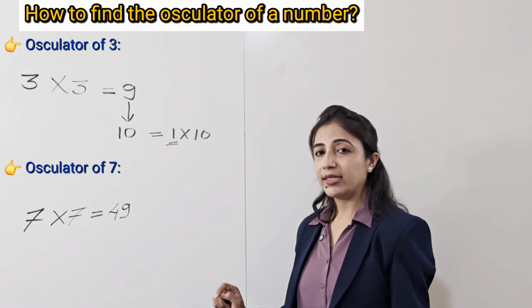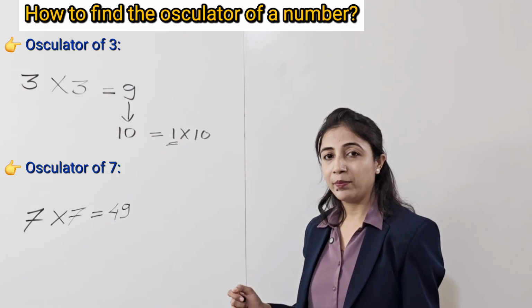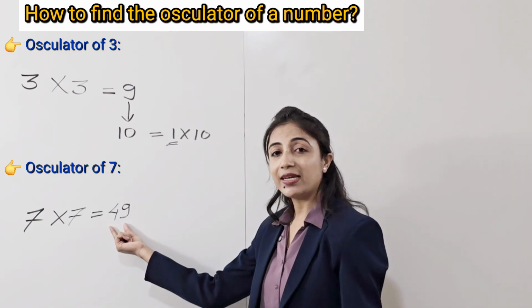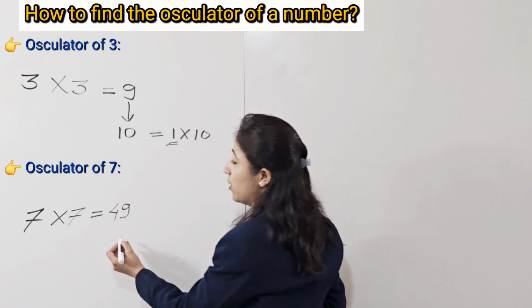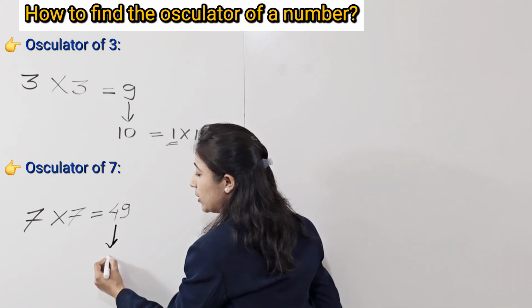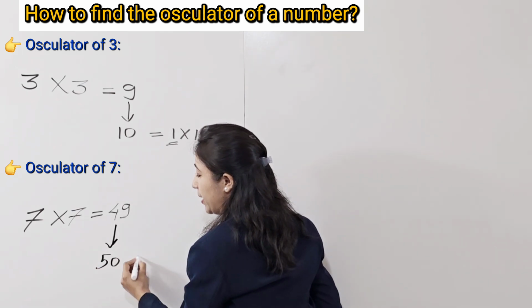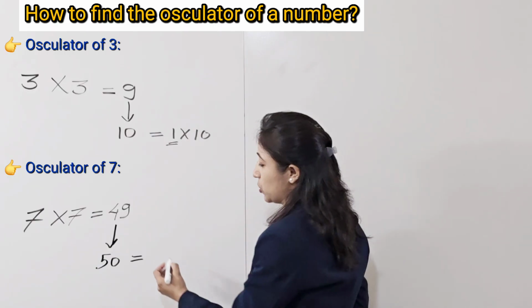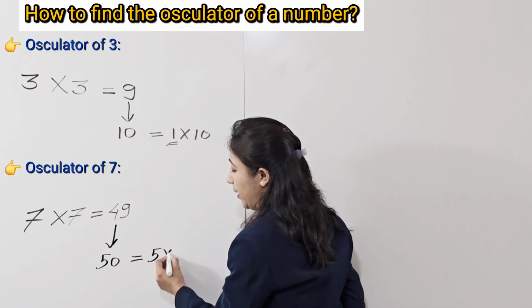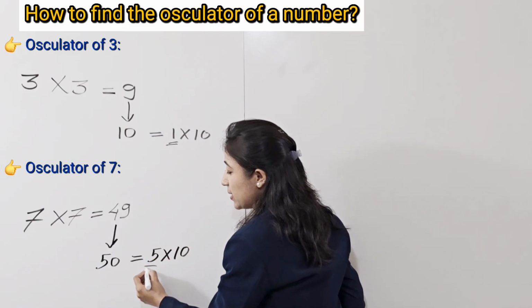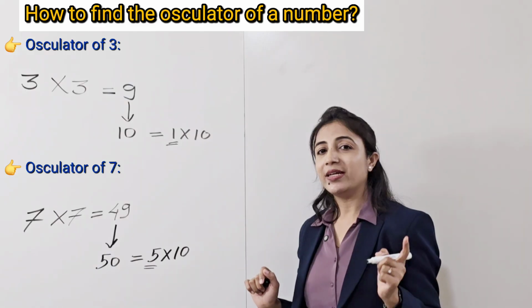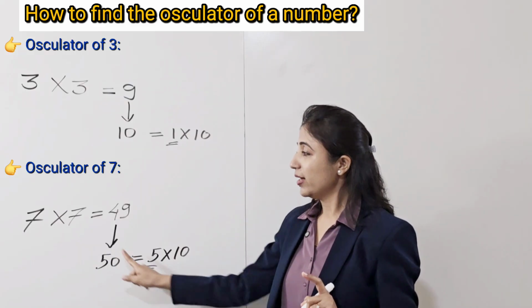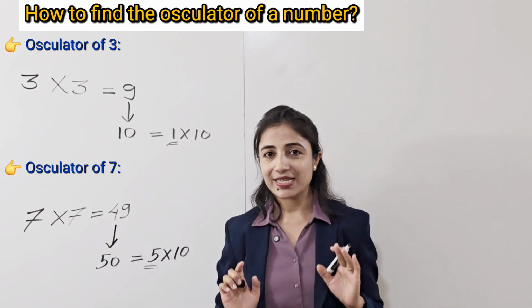Is 49 near to a multiple of 10? 49 is near to 50, and 50 is a multiple of 10. It is 5 multiplied by 10. Hence we can say 5 is the osculator for 7. I hope it is clear.